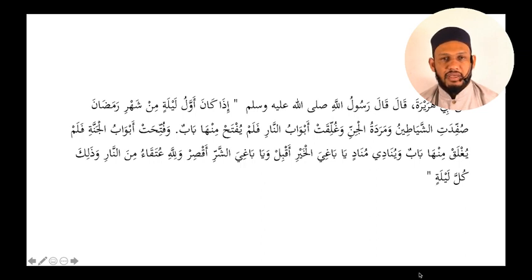And for Allah are those being freed from the hellfire, the necks, the slaves that are being freed. And that is every night. So a beautiful hadith about what we are experiencing in this Ramadan.